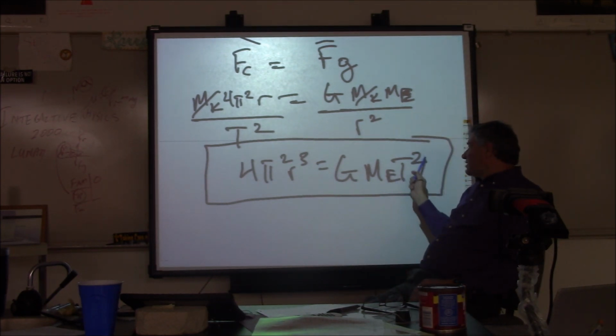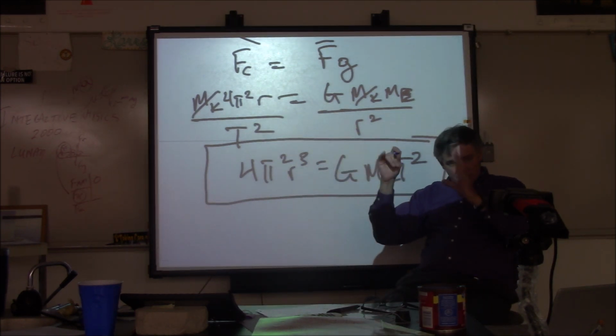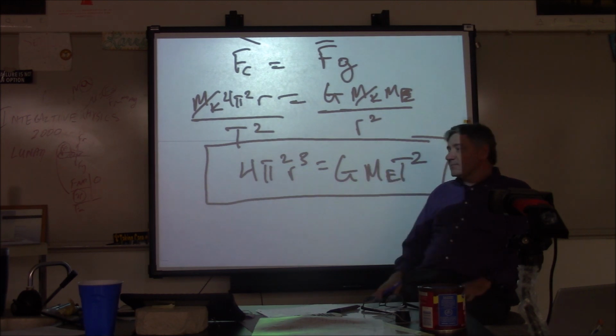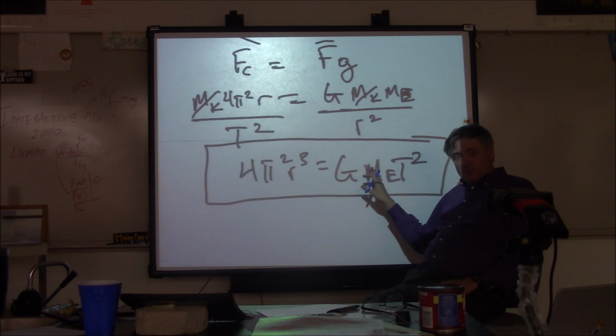But what we can figure out is the orbital period of a moon of Jupiter. And we can get a pretty good idea of what that radius is based upon a scale looking through a telescope. So what we can do then is we can solve for the mass of Jupiter. And this is one of the things that you're going to be able to do.